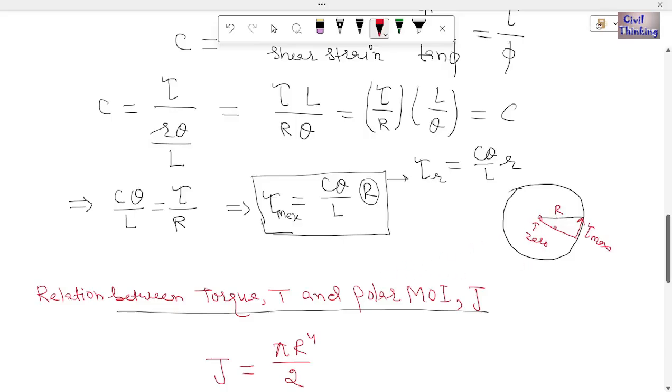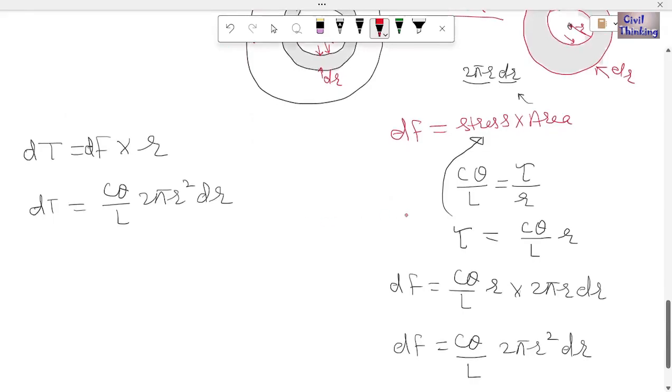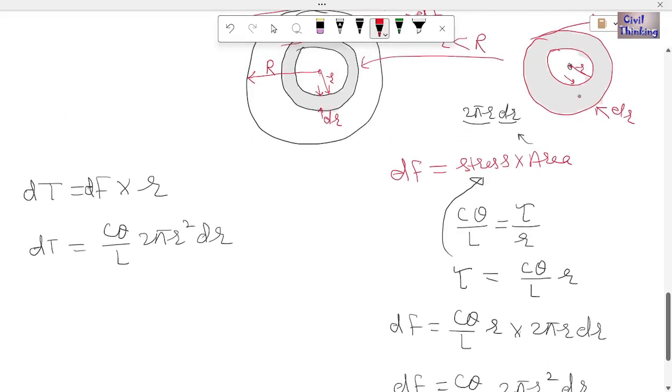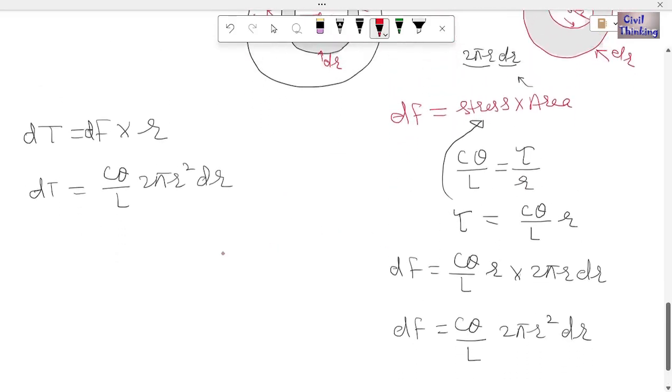So this is going to be a linear relation between the shear stress and the radius. So it was very important. Now since here we are talking about the small radius r, we are going to use the small r here. So everything is good now.